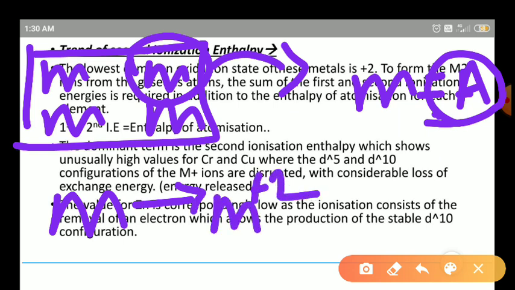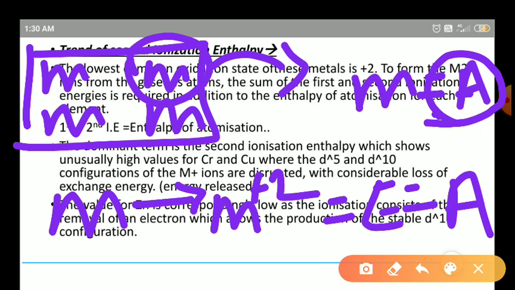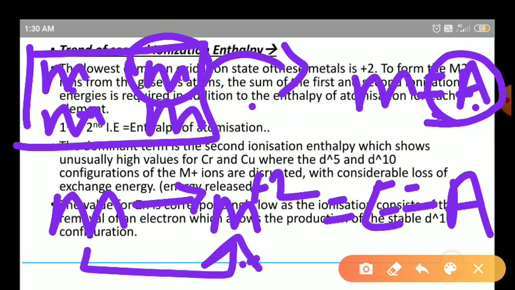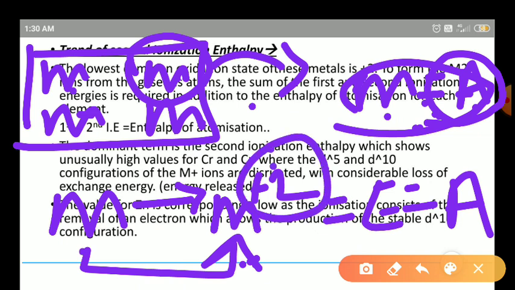For example, for scandium, I need a certain kilojoule per mole of energy for atomization, and similarly for scandium to attain the +2 oxidation state.